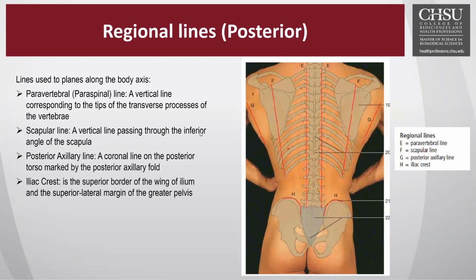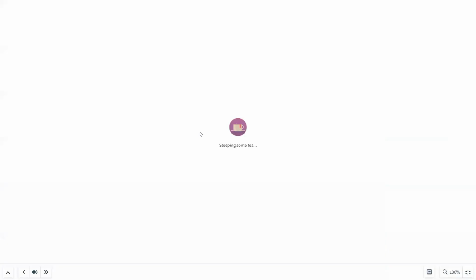And then, as you mentioned earlier, the posterior axillary line would be adjacent to the axilla on the posterior side. And then the iliac crest. This one is really important when we're thinking about the symmetry of the spine, looking at the prominences of the iliac crest to determine if they're in a straight line or if there's any scoliosis, right? So there's some asymmetry to the spine. This can be used to help us make that determination.